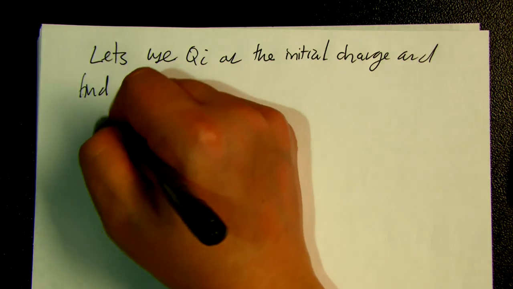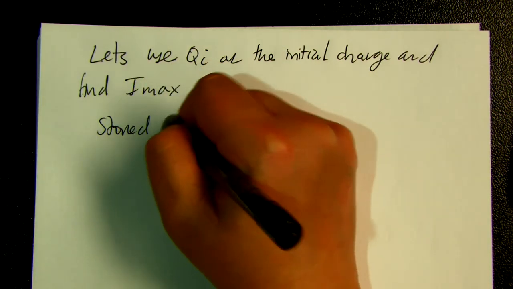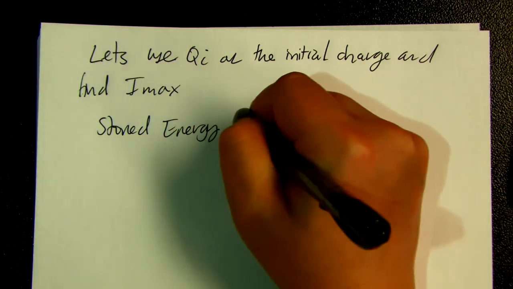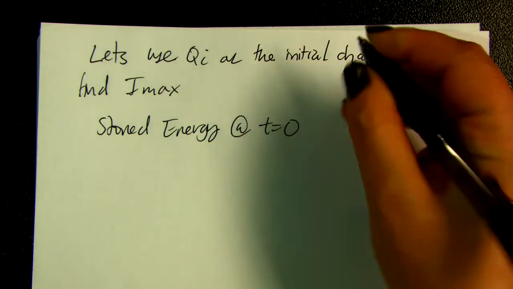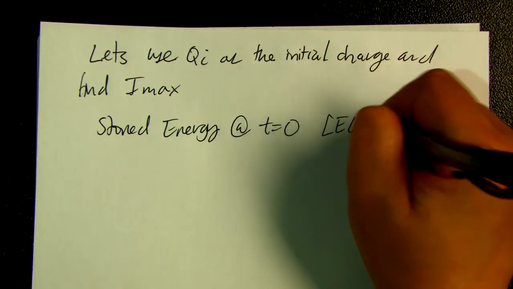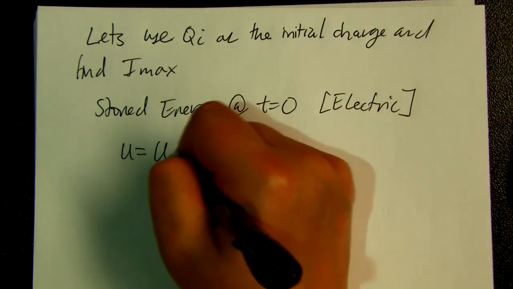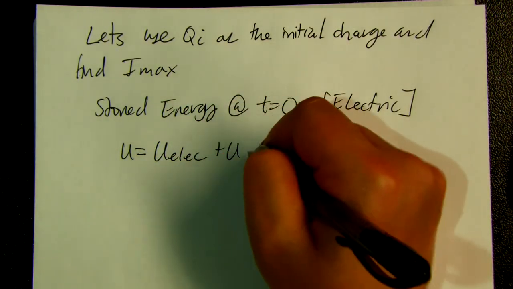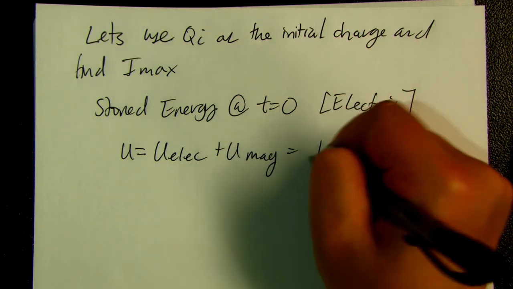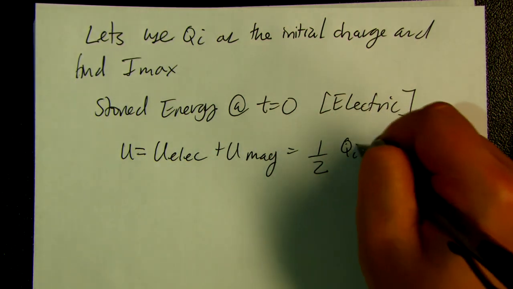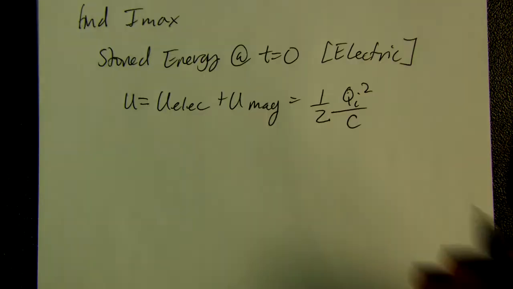So, stored energy at t equals 0, it's all electric. So U is equal to U electric plus U magnetic, which is 1/2 Qi squared over C.